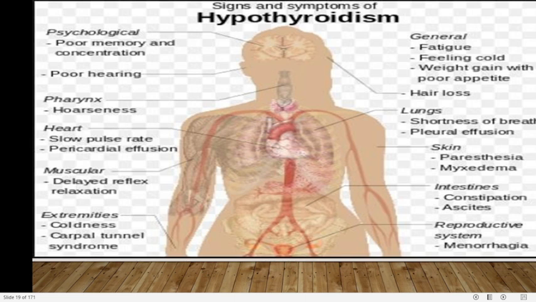Starting with the general, there's fatigue, feeling cold, weight gain with poor appetite, hair loss. Lungs may have shortness of breath, pleural effusion. Skin, patients may suffer from paresthesia, myxedema. Intestines, we have constipation, ascites. Reproductive system, we have menorrhagia.